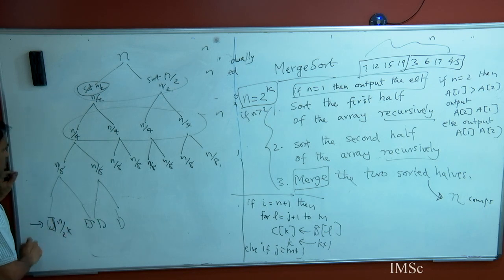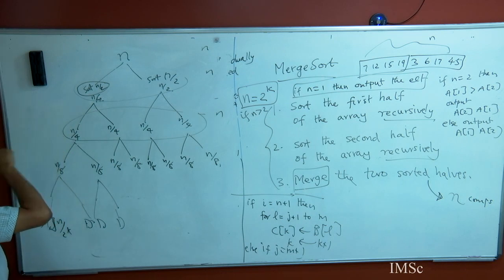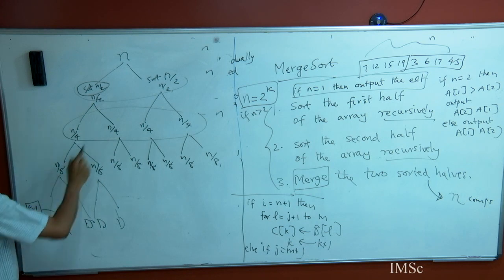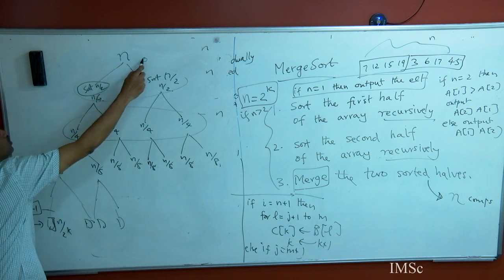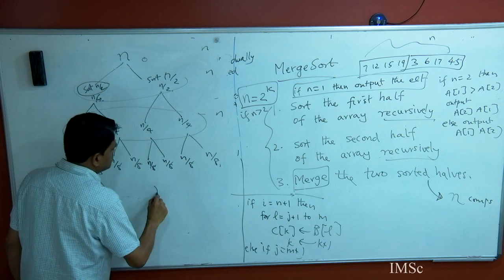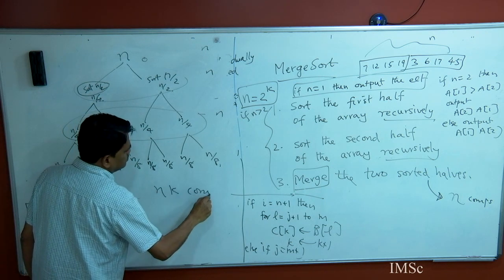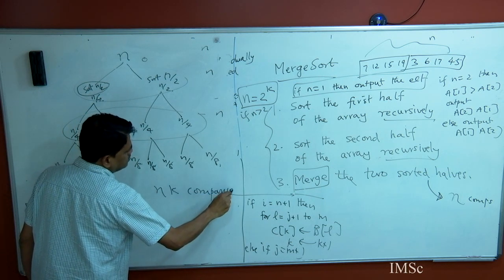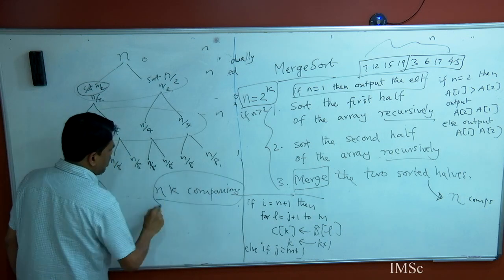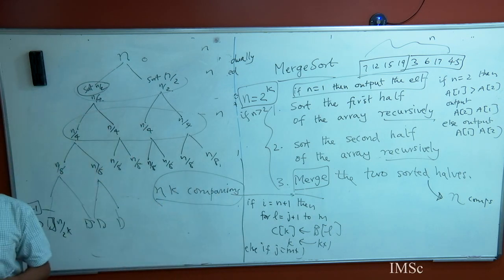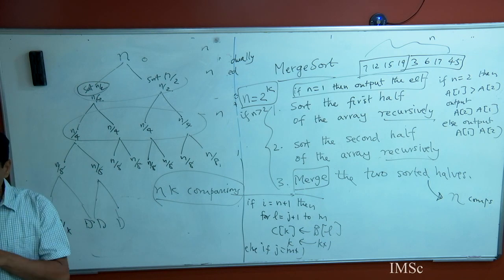So at this point you don't do any comparison, but up to k minus 1 starting from 0. So that will be n times k comparisons. But k is log n here because n is 2 power k.